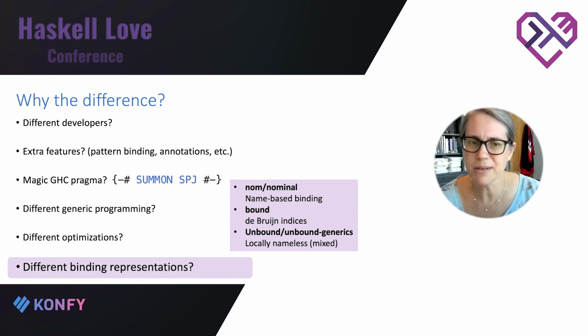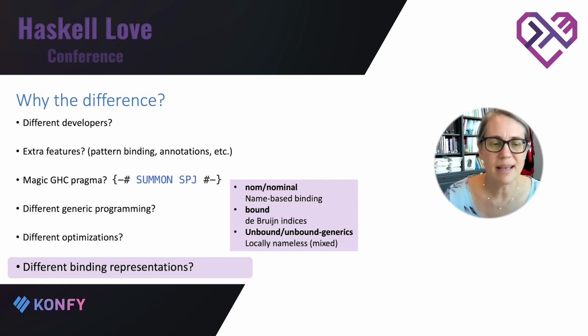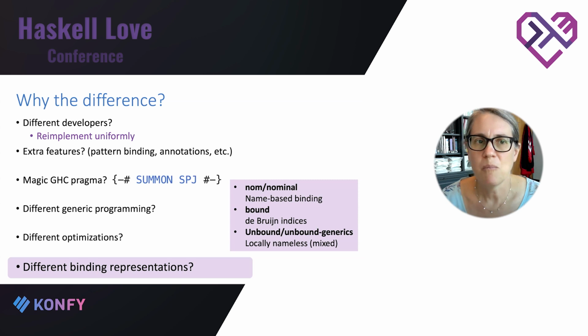And so just benchmarking the libraries by themselves isn't going to tell me the answer to that question because there are all these other variables. I need a way to hold everything else constant. So maybe I'm going to start from scratch and re-implement these three different approaches. Maybe I'm going to make sure that we're only focused on the core mechanism so that we don't have any other confounding features.